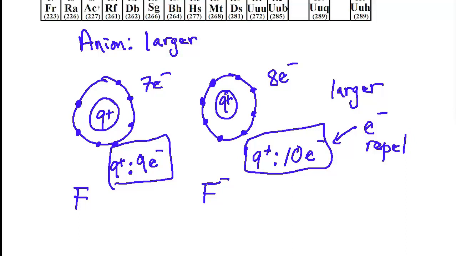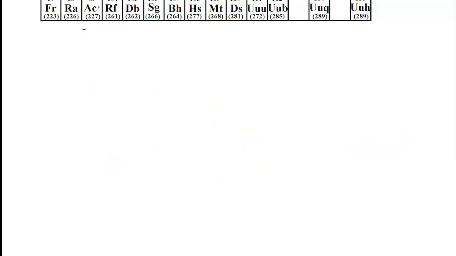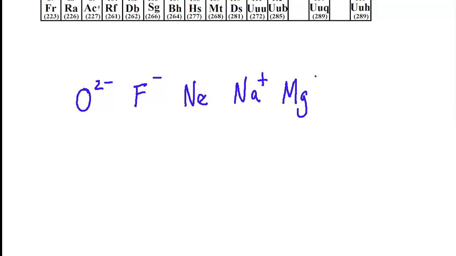Now, we did mention at the beginning isoelectronic sets. These are groups that all have the same number of electrons. In fact, I was sort of just alluding to one. Let's say that I have O2-, and I have F-, and I have neon, and I have sodium, and I have magnesium 2+.